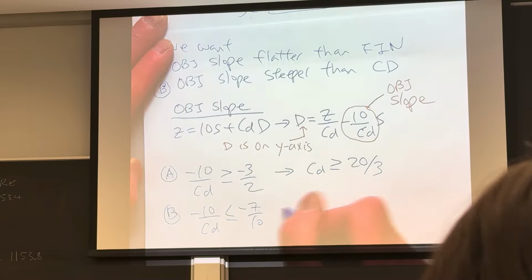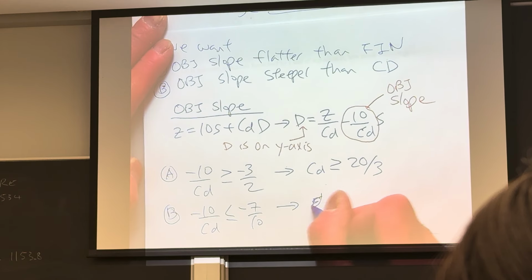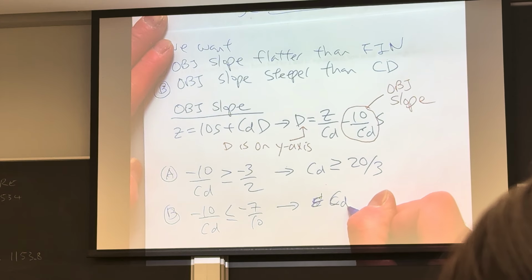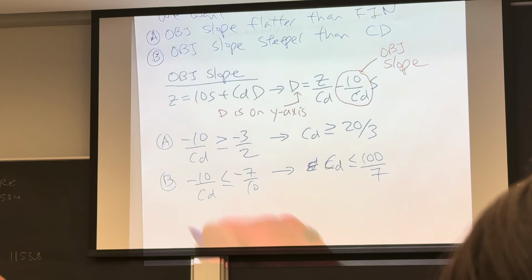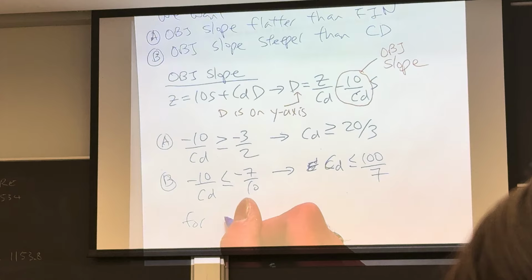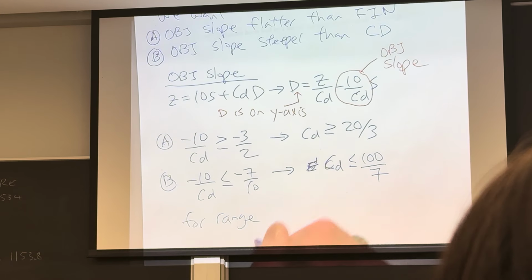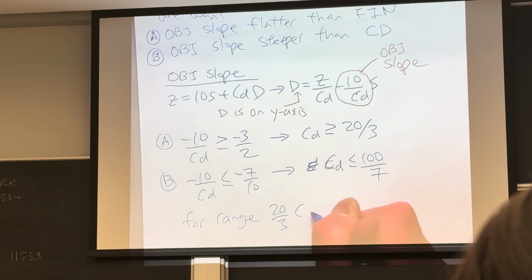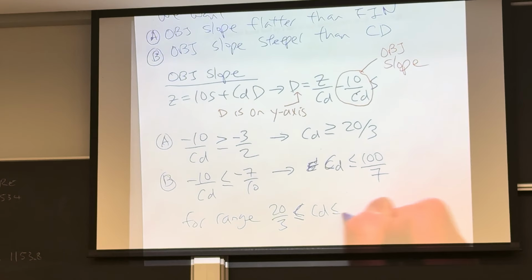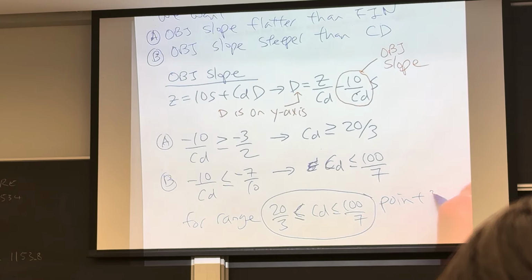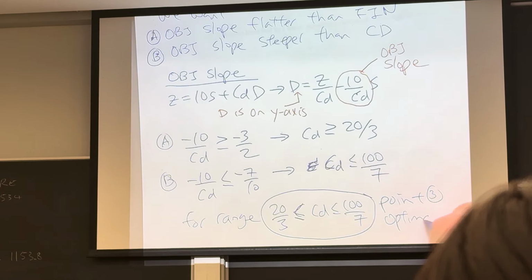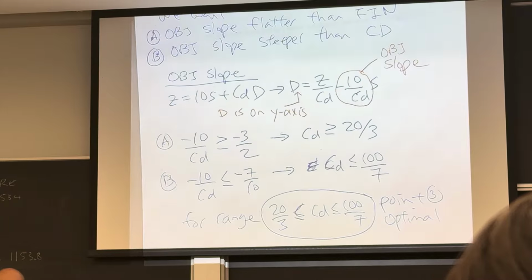Steeper is more negative, and so you get CD needs to be smaller than 100 over 7. And we simply put the two together. And so for range, 20 over 3 and 100 over 7, 0.3 optimal. Okay, so you see the way to analyze changes in the D variable is the same.